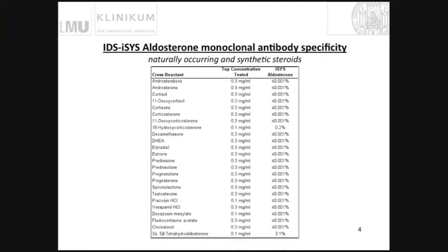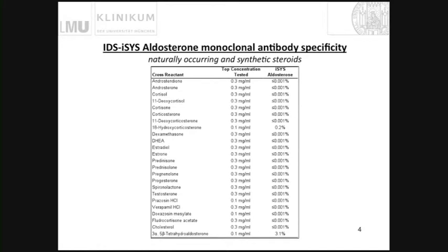I also wanted to show you briefly that we checked a lot of the potentially cross-reacting steroids, naturally occurring and synthetic steroids, as this is obviously a very important point for aldosterone measurements. The highest cross-reactivity was seen in 18-hydroxycorticosterone with this antibody, as might be expected since it's the precursor steroid in the synthesis of aldosterone.